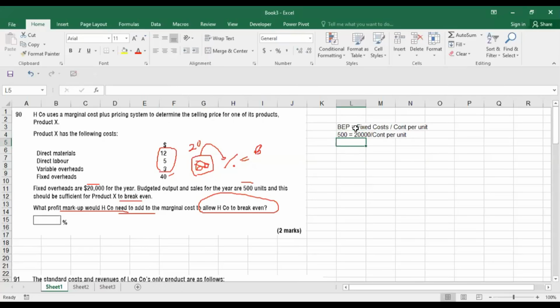So now we can say that contribution per unit is equal to $20,000 divided by 500.